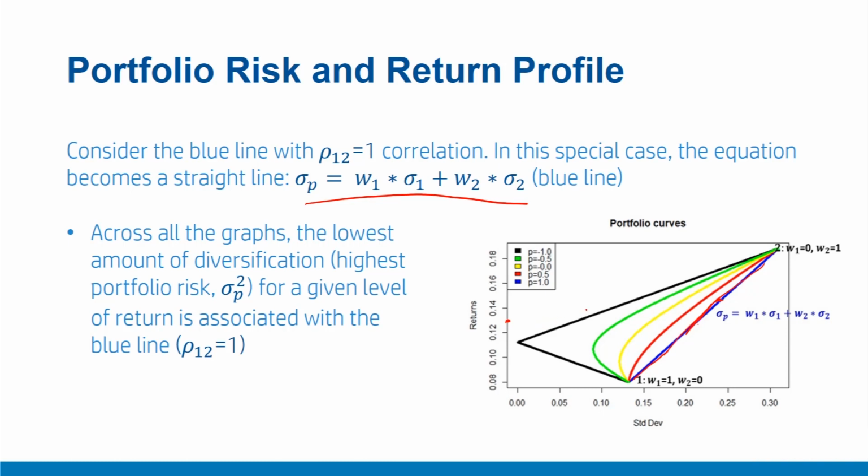We'll discuss the minimum and other combinations also, but it is very easy to see here that the maximum risk is obtained for this particular line. In this line, there is no diversification, and the equation of risk sigma p is simply the weighted average of risk between two securities, that is W1 times sigma 1 plus W2 times sigma 2, something similar to the weighted average of returns as we computed.